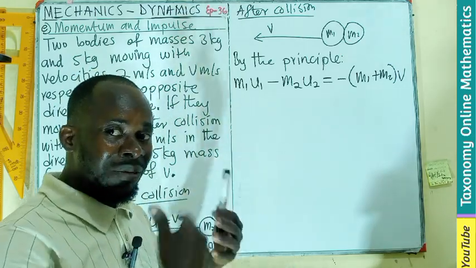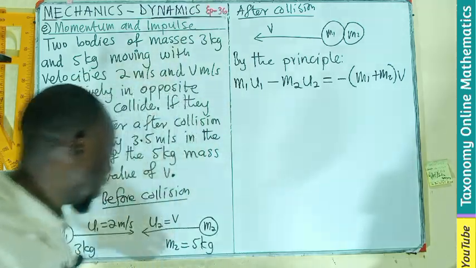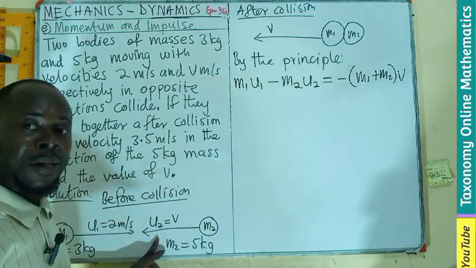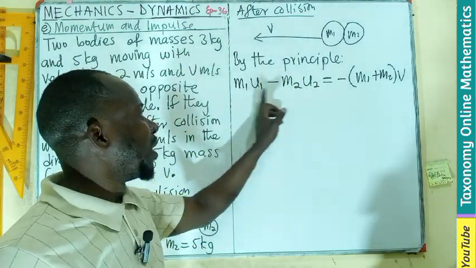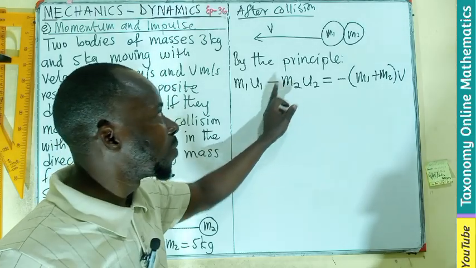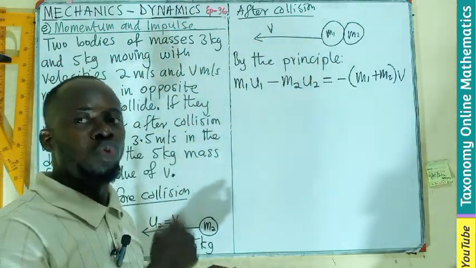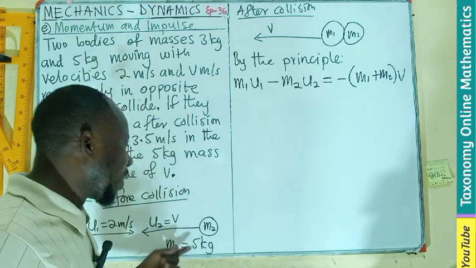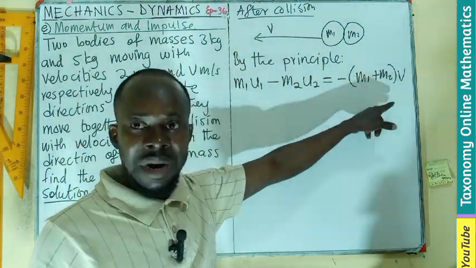Here, the negative is giving us the opposite direction. You can see that this is moving in the opposite direction, hence U2 is negative. It is plus, but this negative U2 will have effect on this. Now the bodies are also moving in the opposite direction to the first body, so the final velocity is also going to be negative. So this negative is coming from that direction.